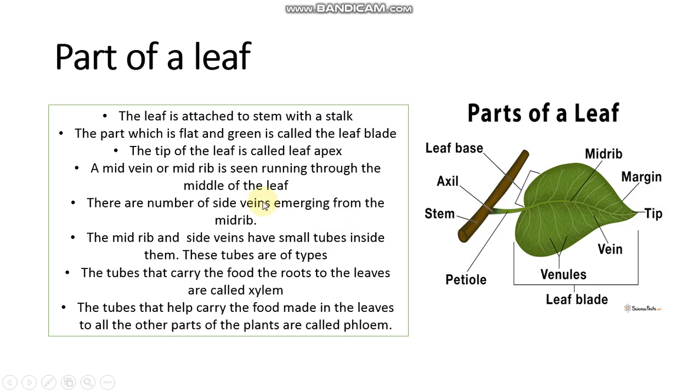The mid vein is the main vein, seen running toward the middle of the leaf. This is a margin. This is the mid-rib or the mid vein of the leaf. The side veins are passing through this side and that side.